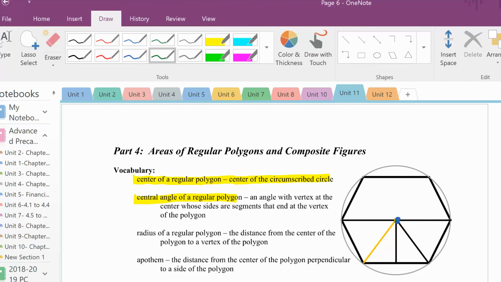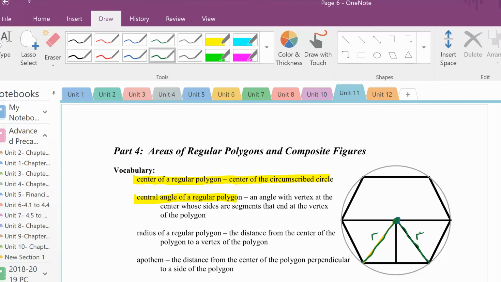So here's the center, and the central angle would be when you connect the center to the vertices of the polygon. The radius of a regular polygon goes from the center to the vertex, so basically these sides are the radii of the regular polygon.